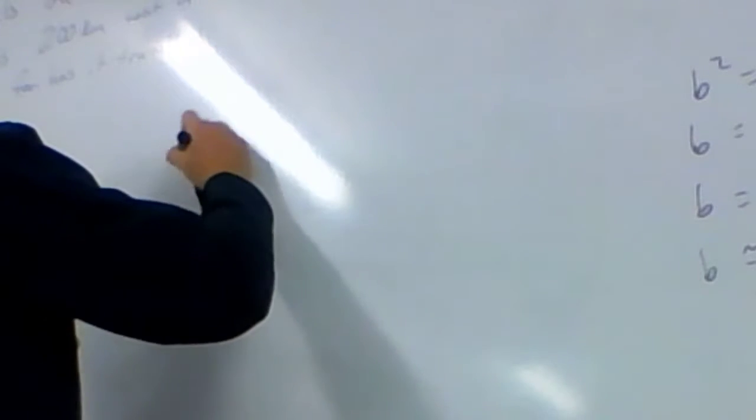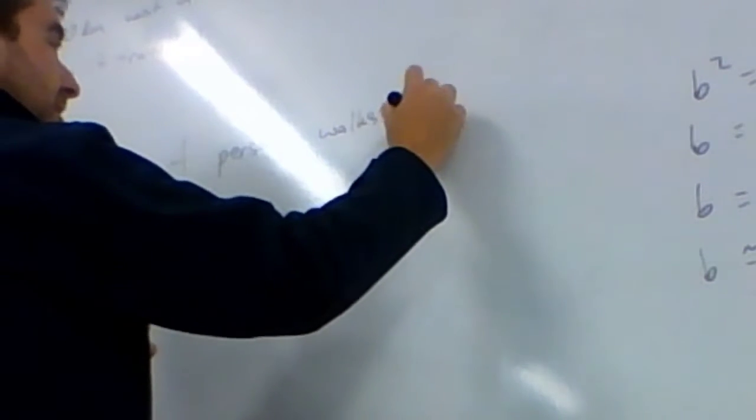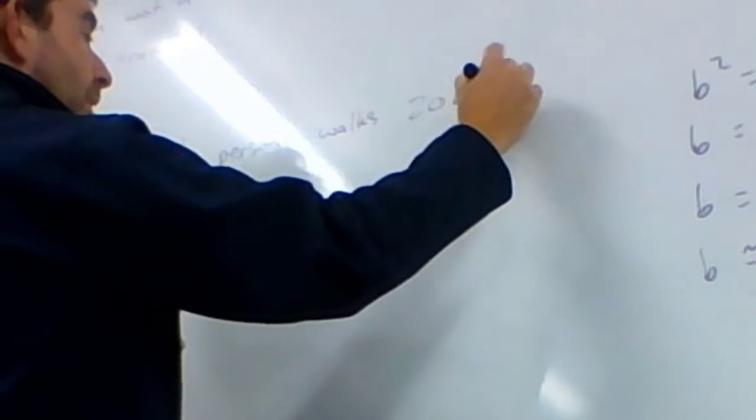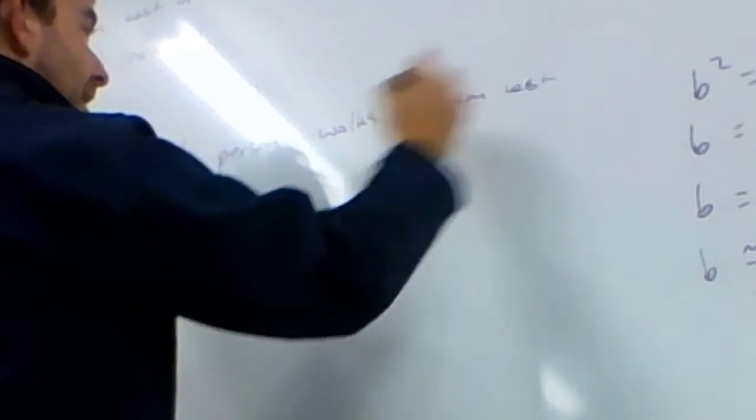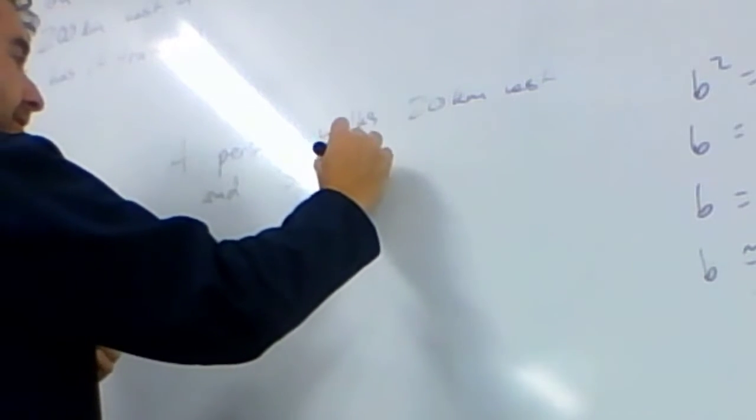Could you imagine a question where you had to work out a bearing? So if they gave you a question, they said a person walks 20 kilometres west and 35 kilometres south.